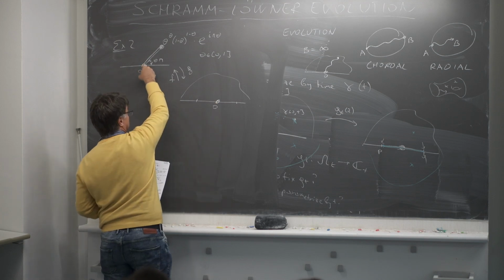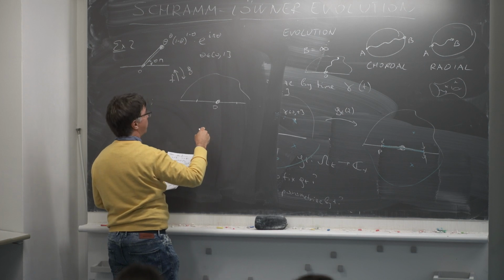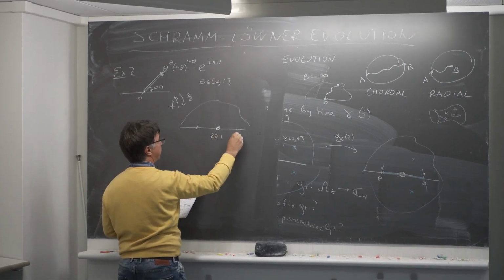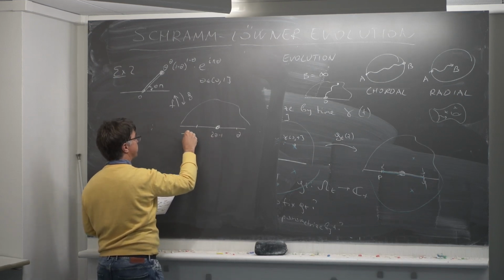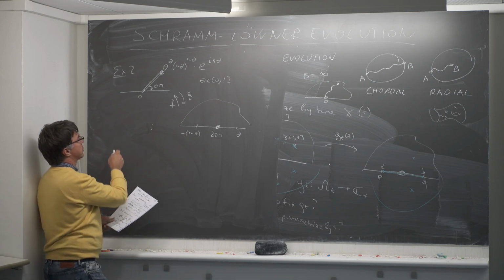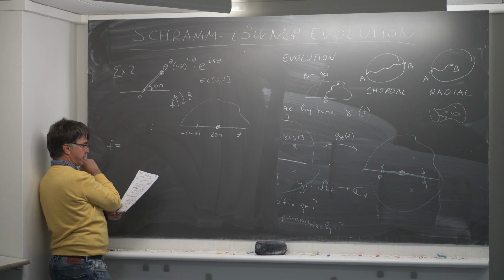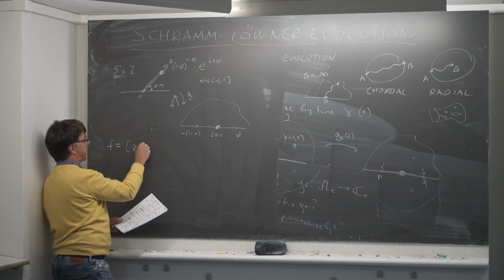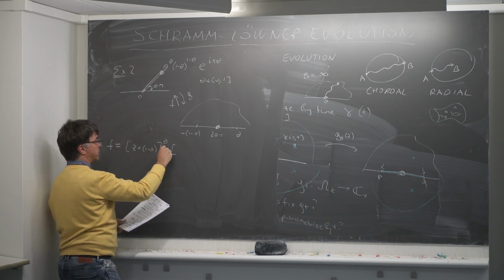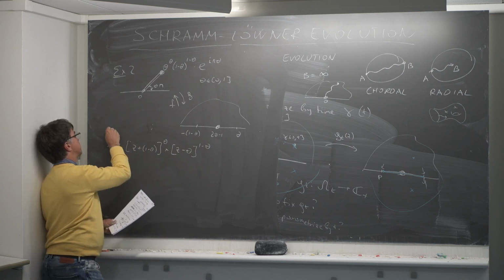Maybe I map it not to 0, but to 2 theta minus 1, theta and minus 1 minus theta, because I want coefficient infinity. So I will just write the answer that f is z plus 1 minus theta to the power theta times z minus theta to the power 1 minus theta.